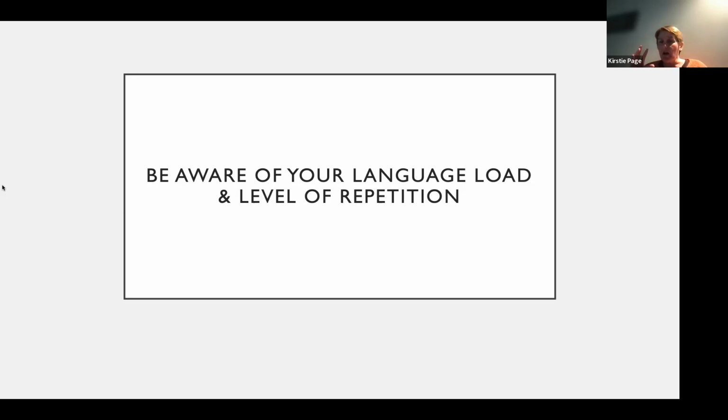So all of this is linking together with those other sessions, but we need to be aware of our language load in relation to auditory processing and receptive language, but we also need to be aware of our language load for moving children's expressive language skills on, because a lot of children who have expressive language delay have it as a knock-on effect of their receptive language delay.